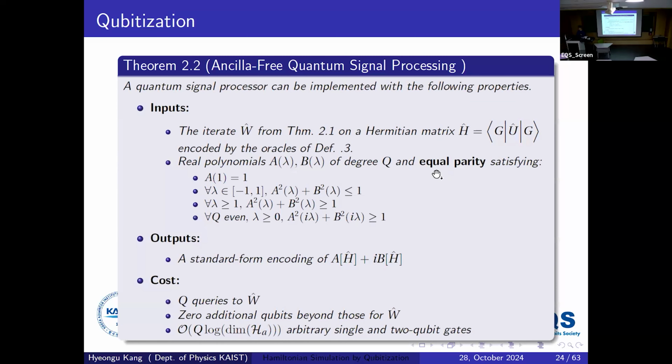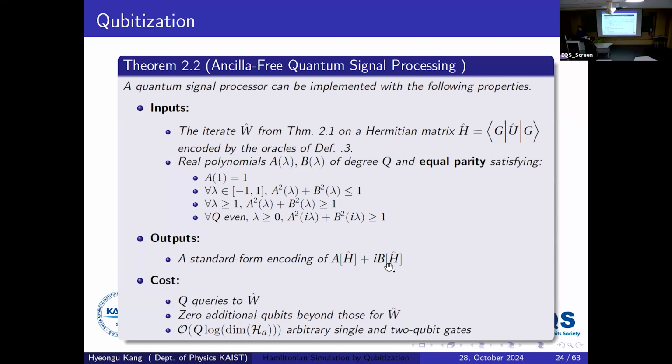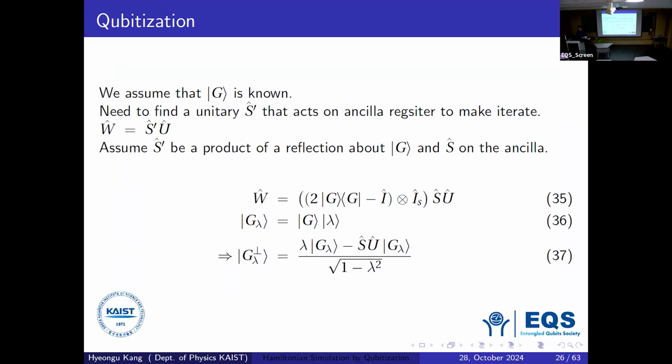And this stands when A and B have equal parity. For the case when these two have opposite parity, there are some different conditions, but we can also get AH plus iCH. The only difference is just the number of ancillary qubits. There's a proof in the back part.